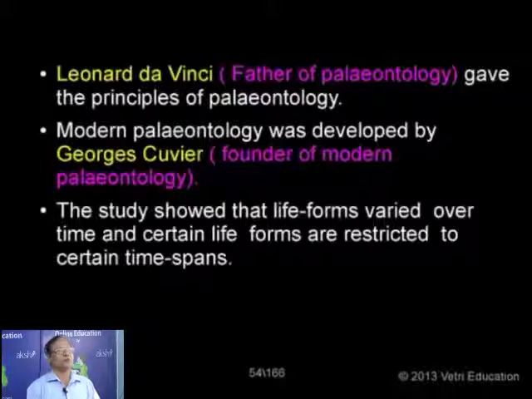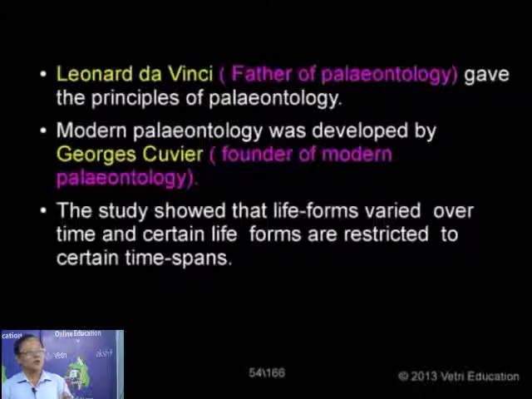For example, take dinosaurs, which lived in the past during the Mesozoic era. They flourished only in the Mesozoic era. They started their origin during the Triassic period, flourished during the Jurassic and Cretaceous periods, and then they died and everything disappeared, with no representative at present.